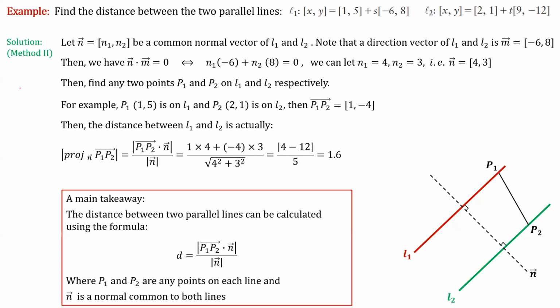A main takeaway of this example question is that the distance between two parallel lines can be calculated using this formula below. The distance between the two parallel lines is given by the magnitude of the dot product of vector P1P2 with vector n, over the magnitude of vector n, where P1 and P2 are any points on each line respectively, and vector n is normal common to both lines.